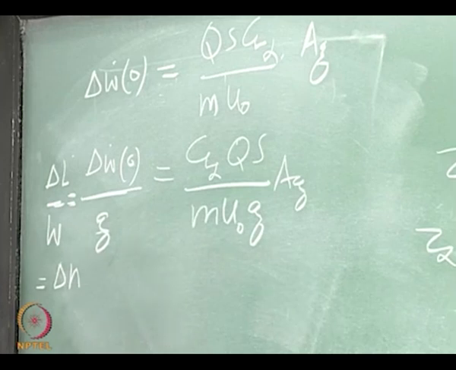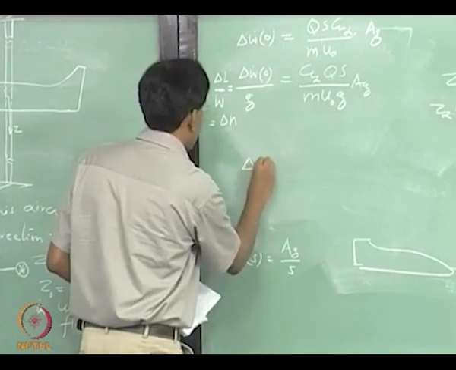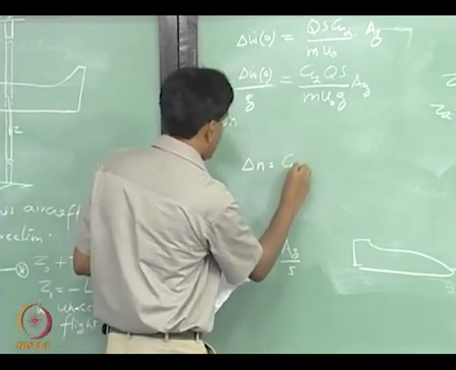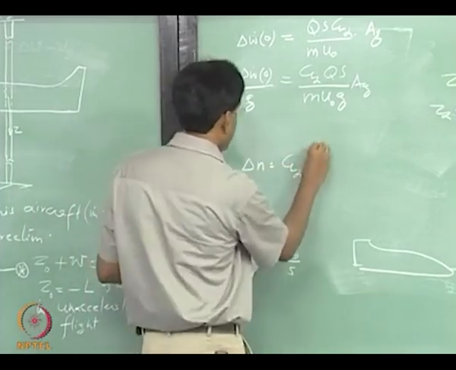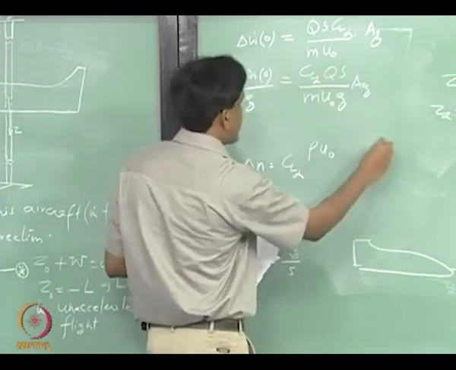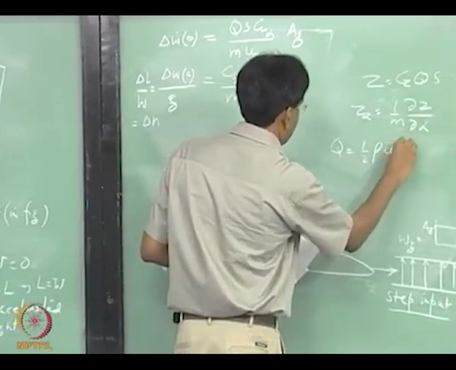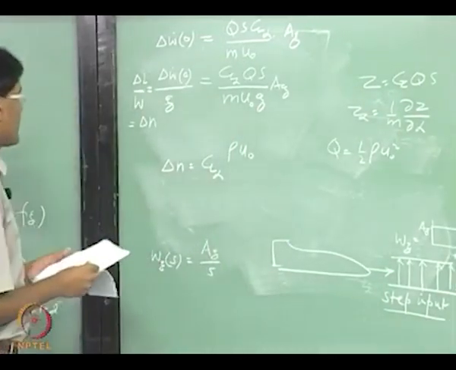Okay. So, the change in load factor is a function of C L alpha. I am expanding this q, which is half rho u naught squared.